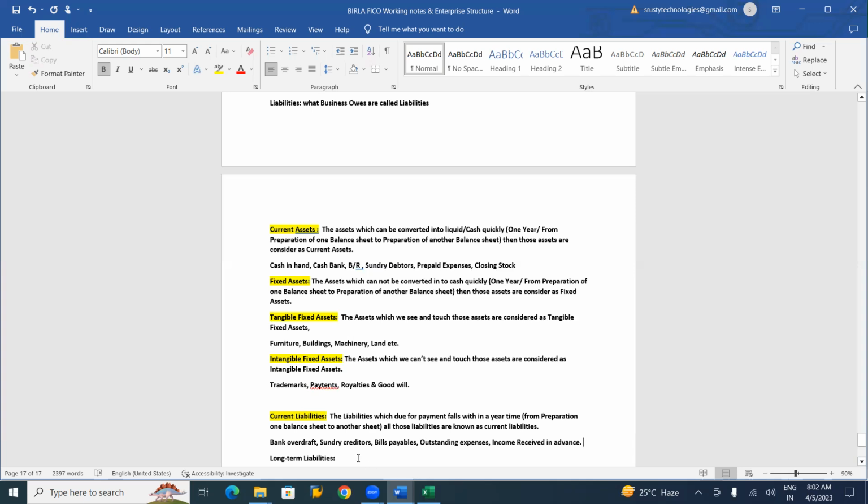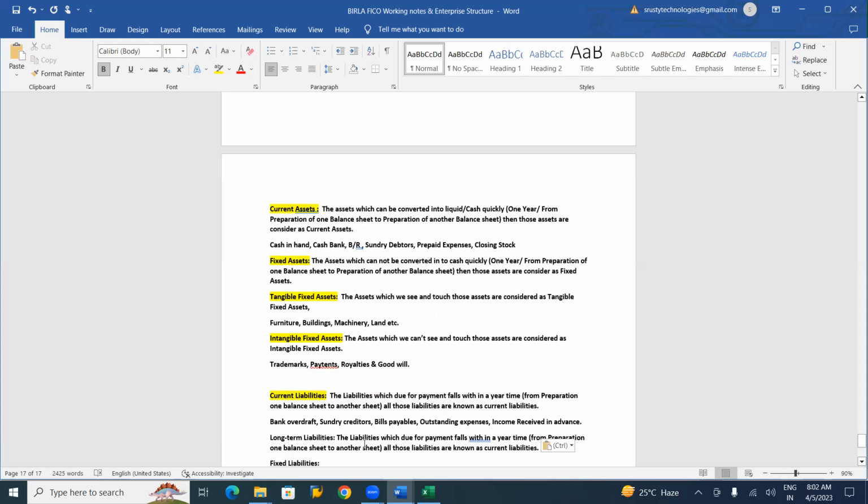Then what do you mean by long-term liabilities? The liabilities which are due for payment that will not fall within a year's time from the preparation of one balance sheet to another balance sheet.